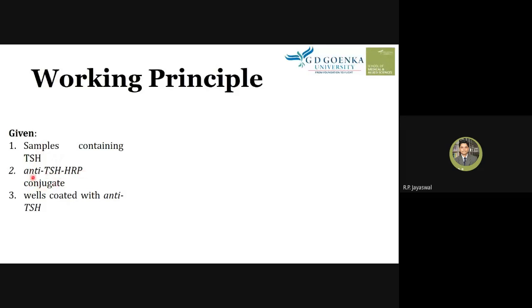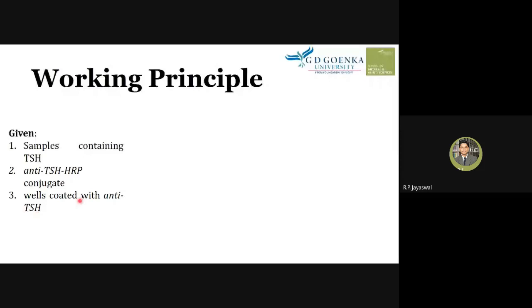This is the antibody which is labeled with HRP, horseradish peroxidase. And another thing provided is microwells, which are coated with the anti-TSH antibody, specific to TSH.